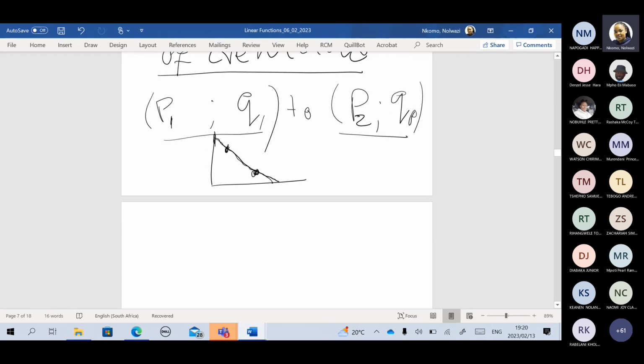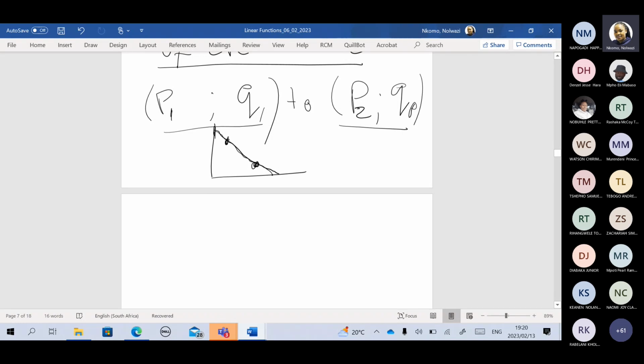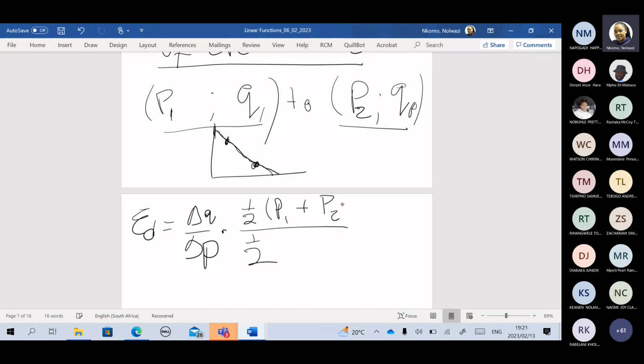And if this is the case, and you are asked to find the arc price elasticity, then your arc price elasticity, we're still using ED, will equal the change in quantity over the change in price times half of P1 plus P2. Remember I said we are using averages, over half of quantity 1 plus quantity 2.